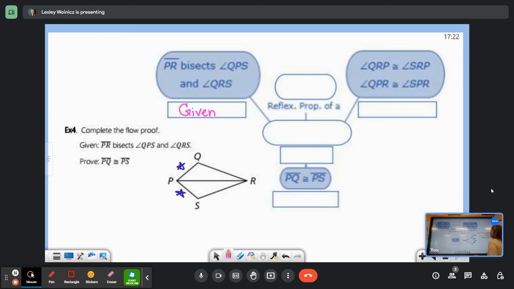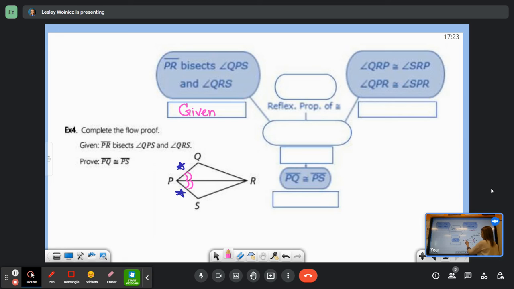Okay. So that gives me a couple of conclusions. I know that if it's chopping these angles in half, it's going to give me pairs of congruent baby angles. Okay, that's how baby angles are made. So QPS got chopped in half and made two baby angles.